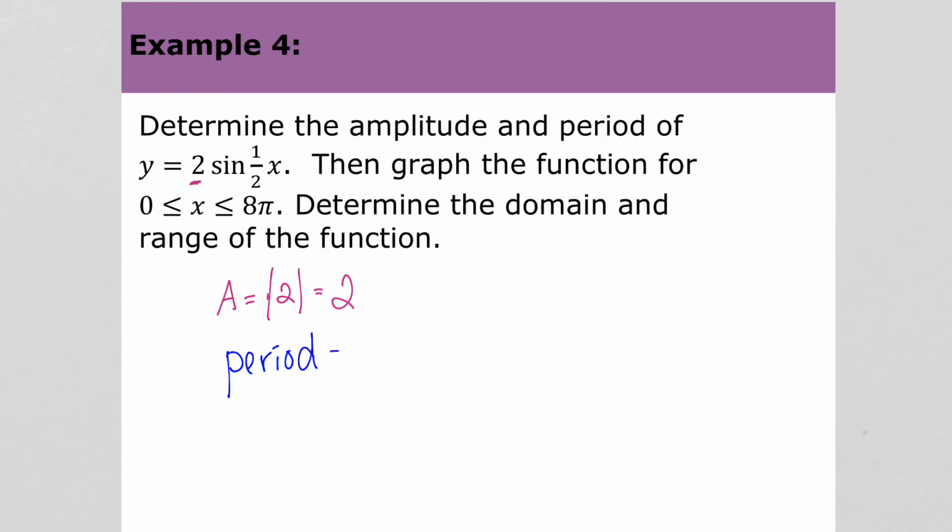Remember, we find the period by doing 2 pi over b. B is the number in front of x. So we've got 2 pi over 1/2. That means our period is 4 pi. So one rotation is only going to take 4 pi. It's going to be twice as long, actually, to get there.